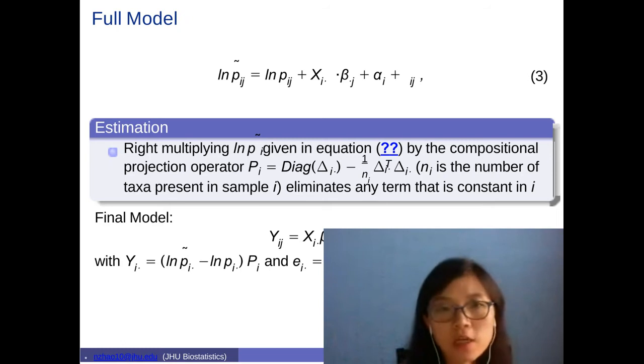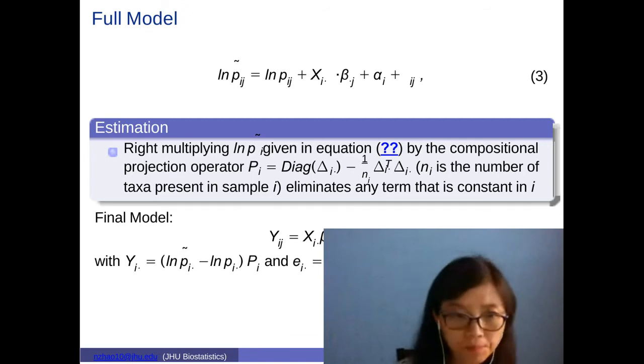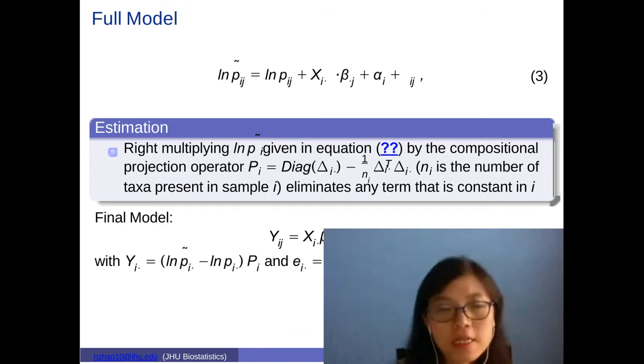So for estimation, this model is overly parameterized. As I will show later using real examples, we may have multiple combinations of parameters that fit the data equally well. They have different parameters that give you the same model fit.